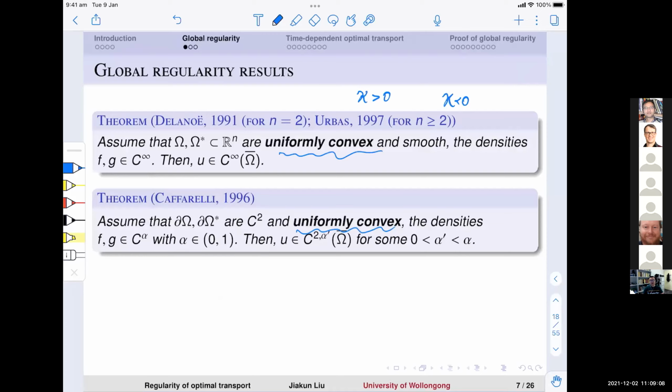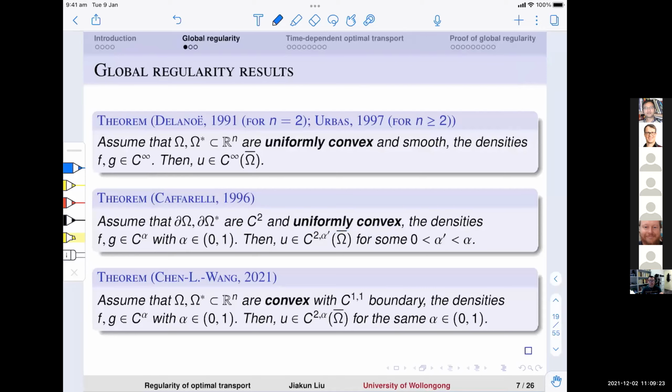That means we cannot expect much regularity when the curvature is negative. Therefore, the critical case, where the curvature equals 0 somewhere, that's a degenerate case, and the critical case becomes more interesting. So recently, in joint work with Shibing Chen and Xu-Jia Wang, we obtained the regularity in the critical case and also the degenerate case.